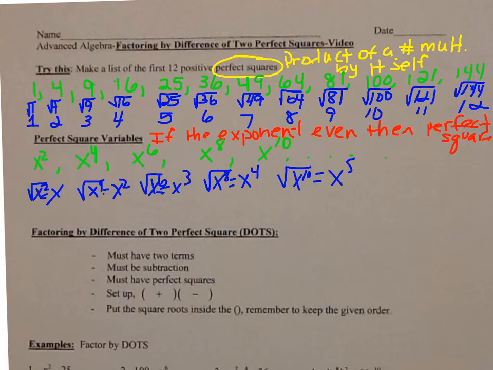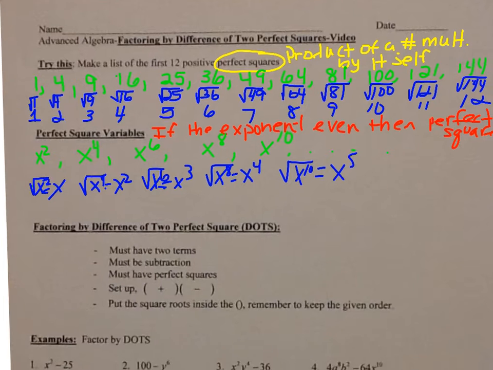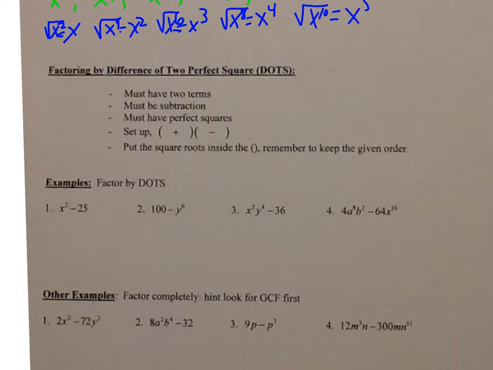All right, so now let's talk about how to factor using the difference of two perfect squares. I'm sure you've heard that before. First of all, you do have to have certain conditions in order to factor by difference of two perfect squares. You must have 2 terms, so this does not work for trinomials or 4 terms.